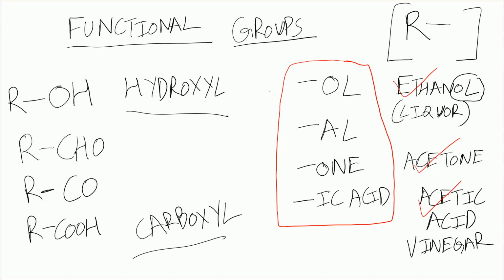Sometimes, and the reason I've chosen these two is because sometimes, the same carbon chain can have multiple functional groups. For example, both groups can be connected to the same carbon atom. This is possible.